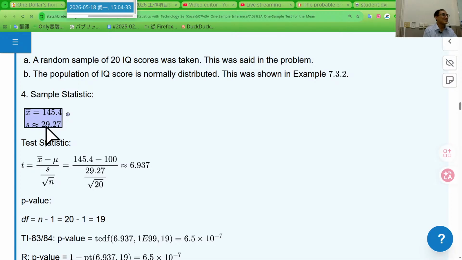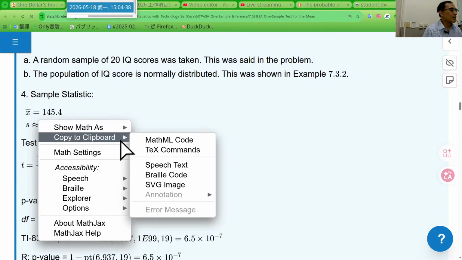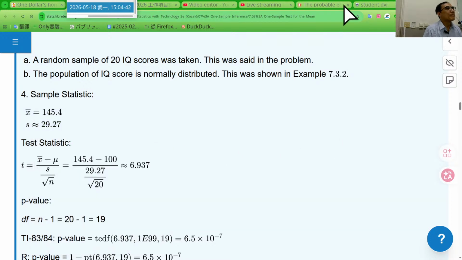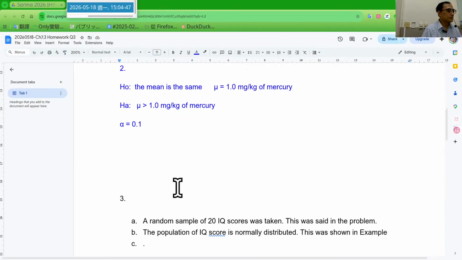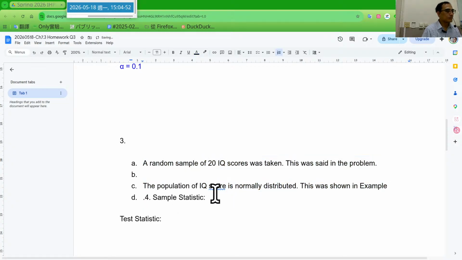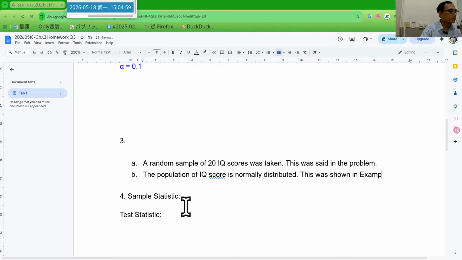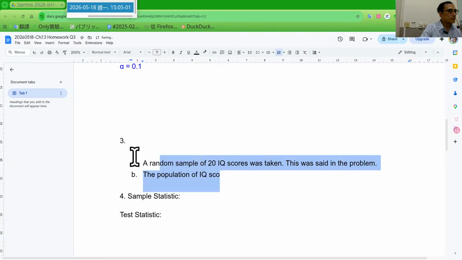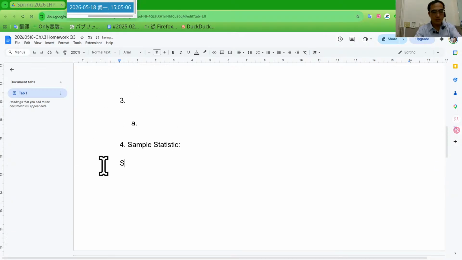Maybe you forgot it. How to calculate the sample mean?